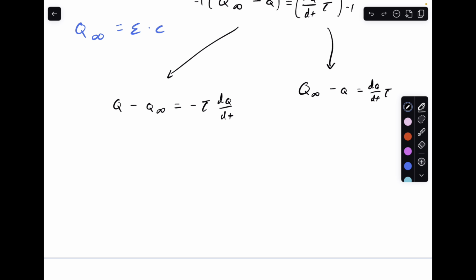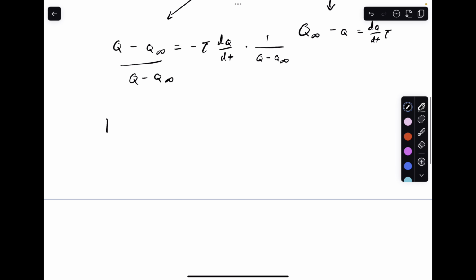I'm going to start with the left. So when I separate my variables, I need this q to line up with this q. So I'm going to actually divide by q minus q infinity, and then divide by the same thing over here.